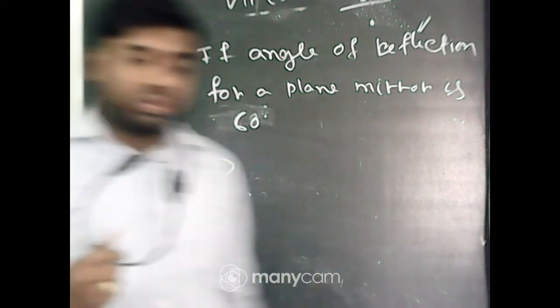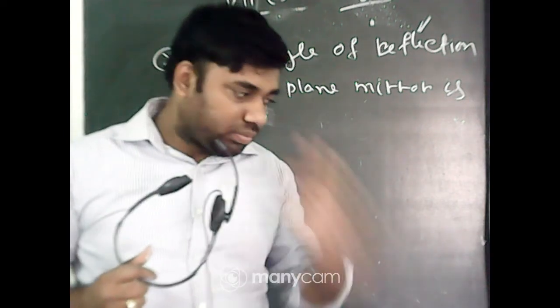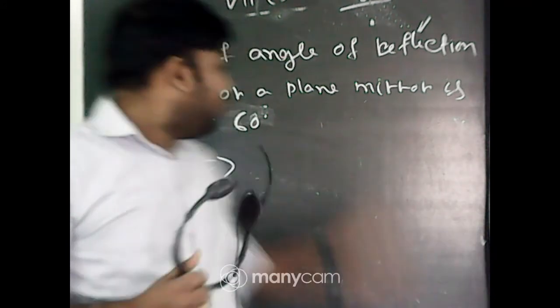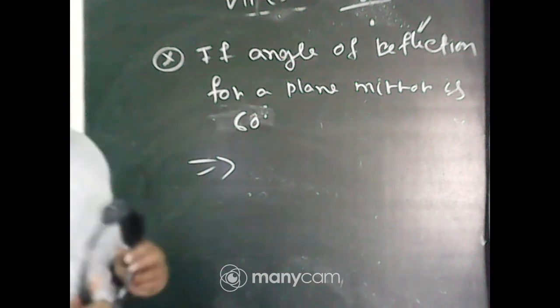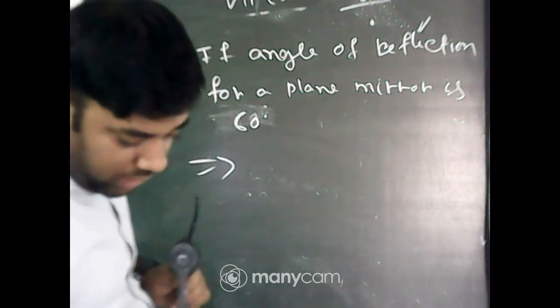We already know from the second law that I equals R. So the angle of reflection is 60 degrees, which means the angle of incidence will also be 60 degrees. Okay, so that part is completed.